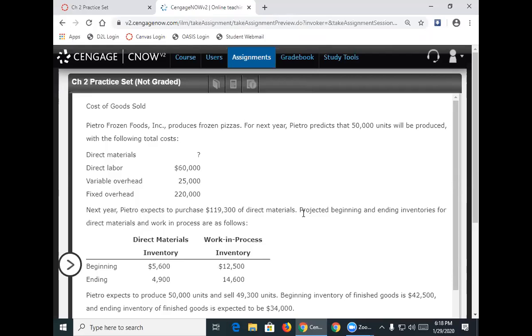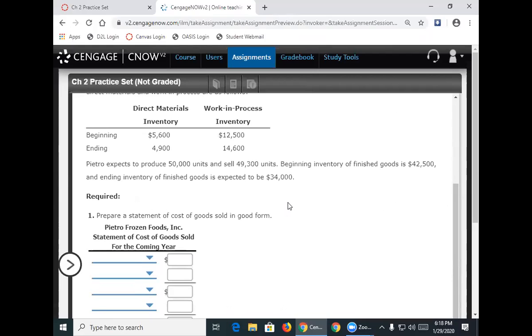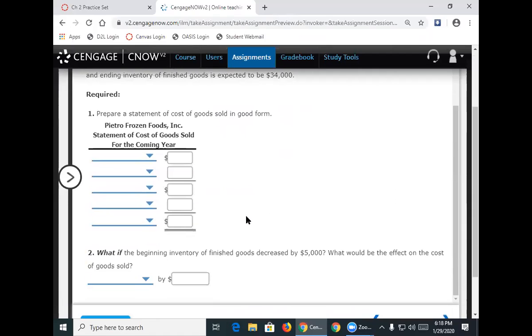All the same information. But now it says prepare a statement of cost of goods sold. Well, when we're doing cost of goods sold, I didn't give myself much room. But basically what I'm then balancing is my finished goods account. Okay, so we only have one more account that we have to deal with.